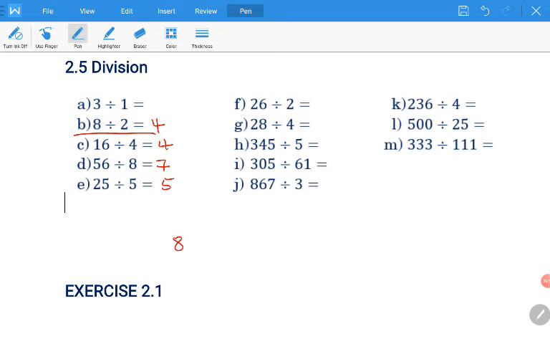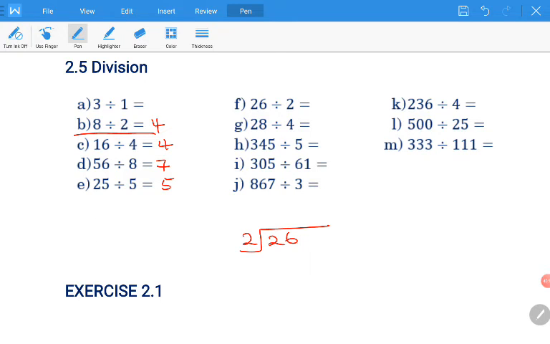Let's look at question F. Question F is saying 26 divided by 2. So to do the long division, it's 2 into 26.